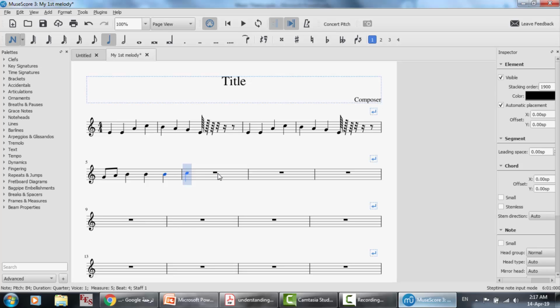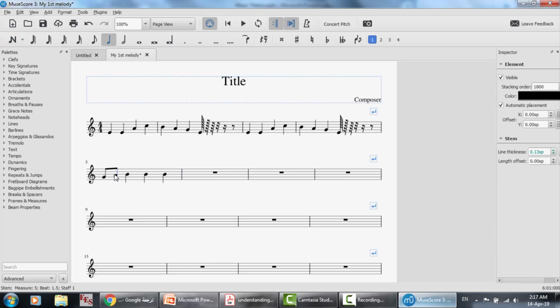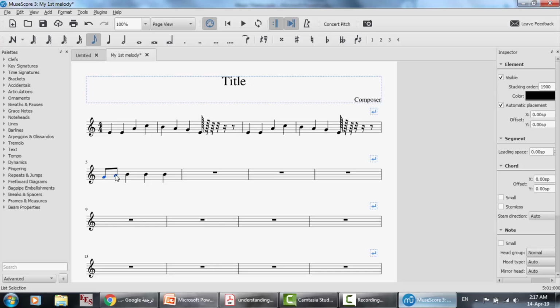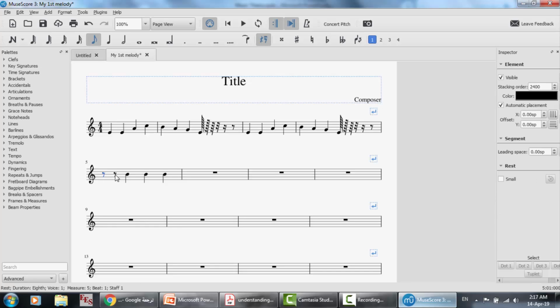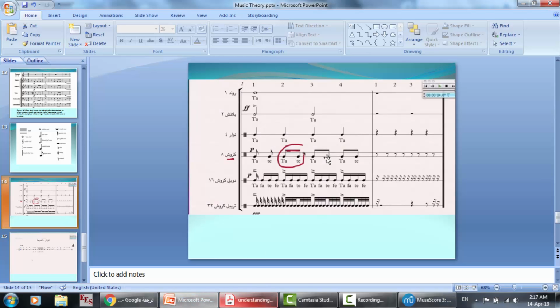I have to put it here. Also I can delete this and add. Notice that this is the silence, the representation of the silence. This is the whole story. I can add this four to represent one of these.